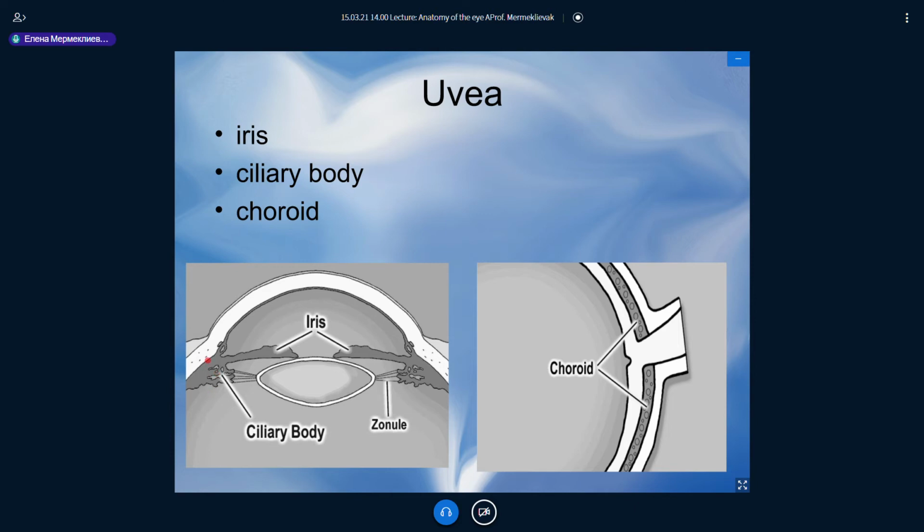The ciliary body is important because it produces the aqueous humor first, and second, it participates in the accommodation. Due to the accommodation, we can see clearly in the near.